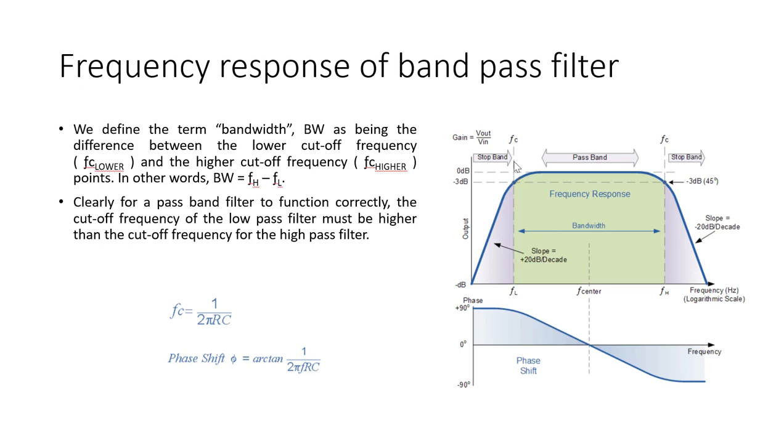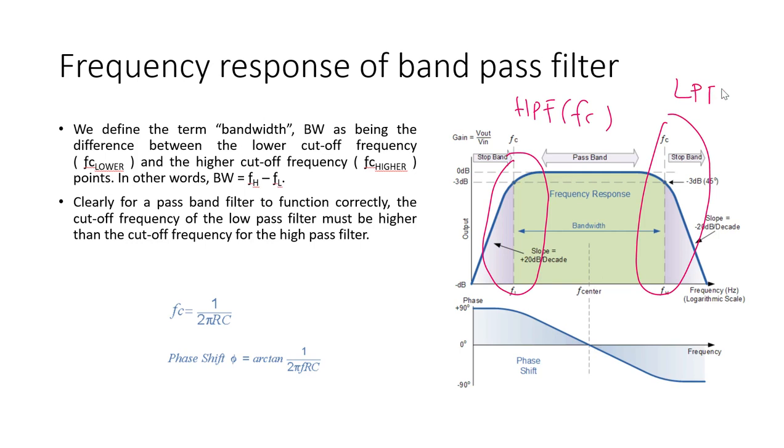So this is FL, and this FL was actually taken by the high pass filter's FC. This is FH, the higher frequency. This is low pass filter's FC. So we have two passing and cutting of frequencies, and both will be 20 dB because they are not occurring on the same point, they are occurring at different points.